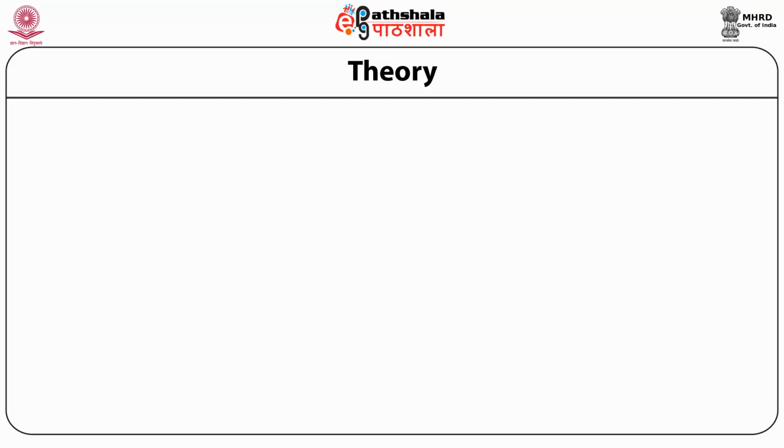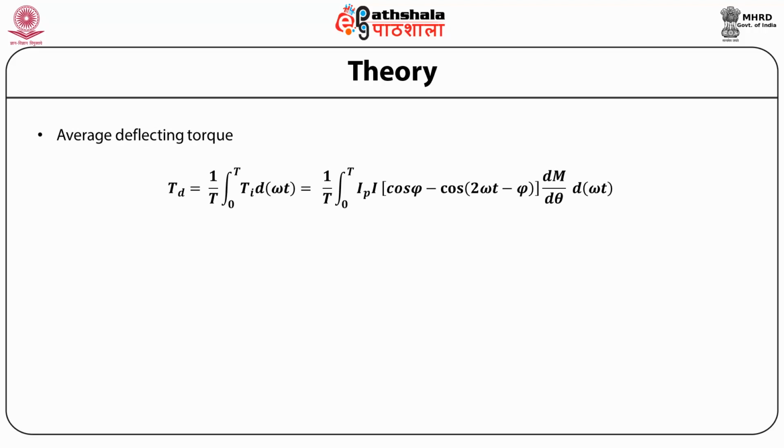Students, now see the average deflecting torque. Td is given by 1/T integration 0 to T of Ti d(ωt), which can be written as 1/T integration 0 to T of Ip I [cos φ − cos(2ωt − φ)] dM/dθ d(ωt), which is equal to Ip I cos φ dM/dθ.